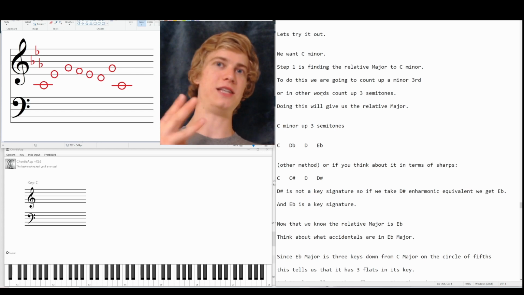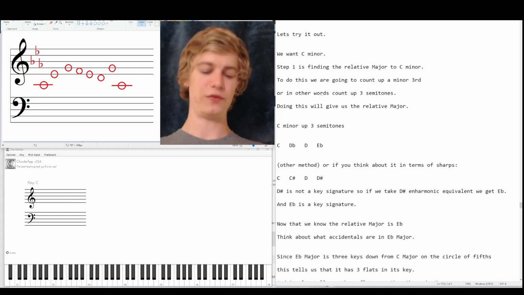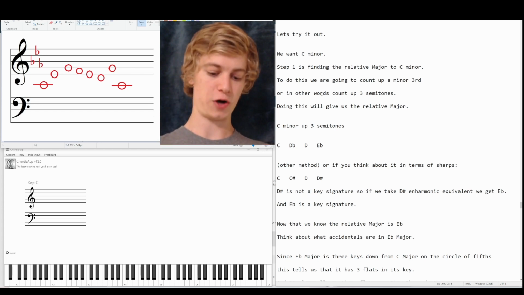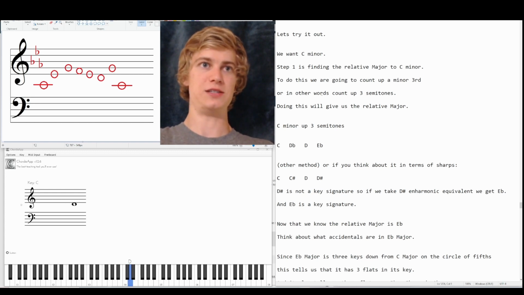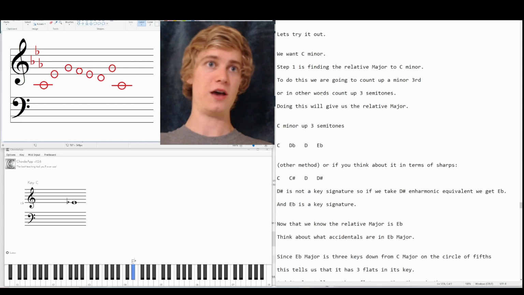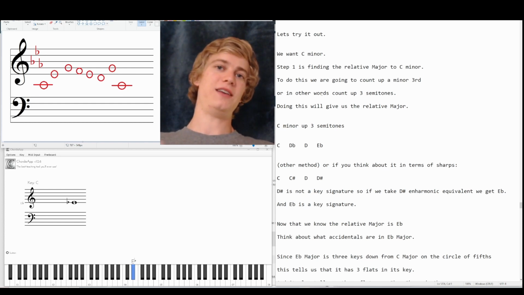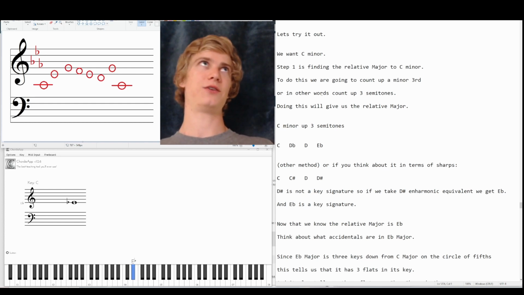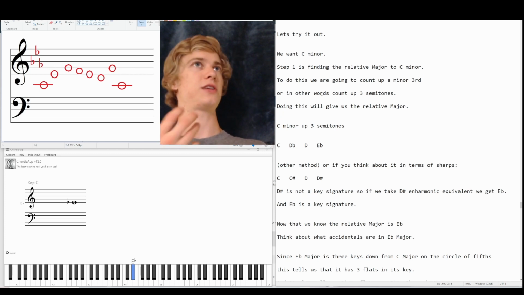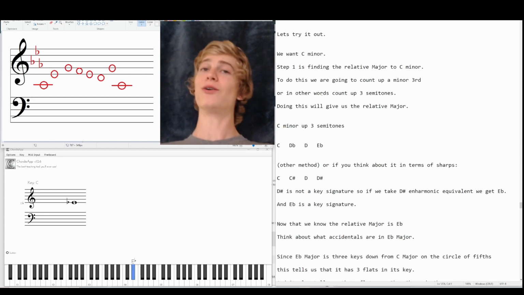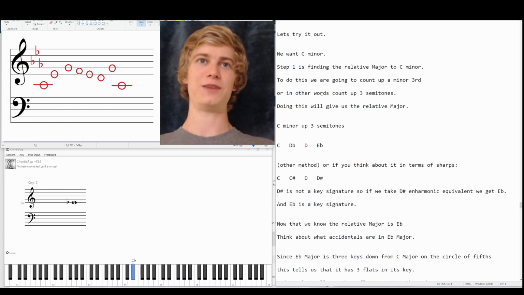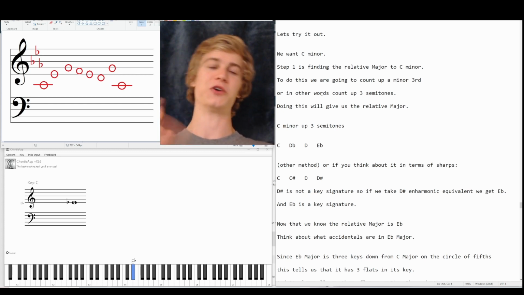So if we take D sharp's enharmonic equivalent, we realize that D sharp is also another way of saying E flat. So E flat is a key signature, and we know it's E flat instead because that's an enharmonic equivalent note.